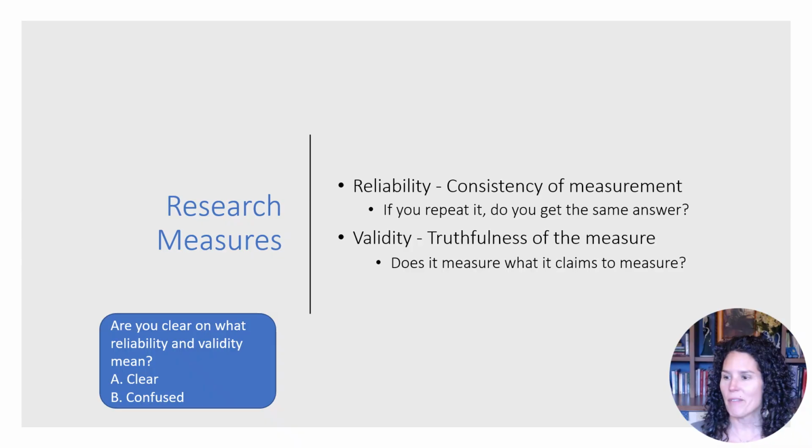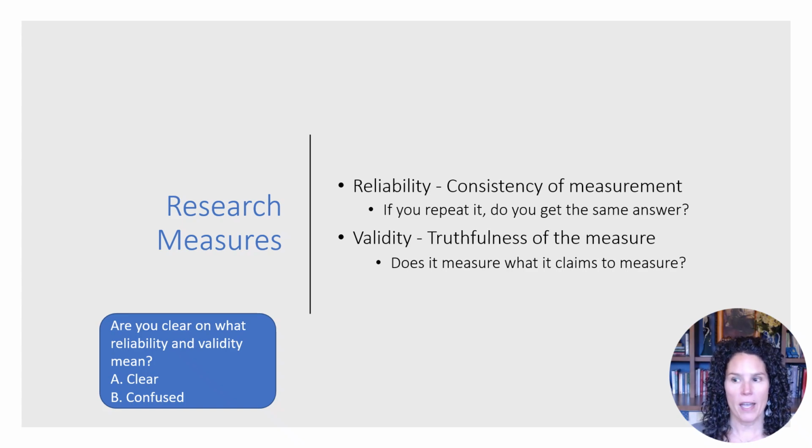All right, you may have already got reliability and validity down, and if you do, great. The same way that we talk about it in other fields applies to HDFS too. So reliability is the consistency, and validity is the accuracy or the truthfulness. The example I often use for this is a bathroom scale.